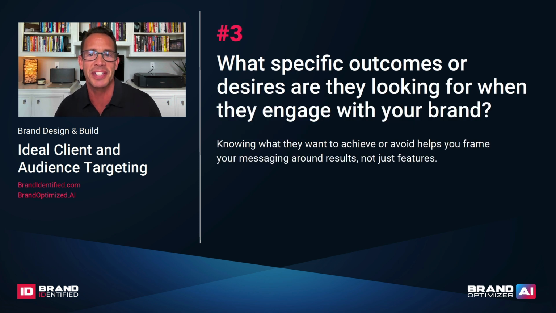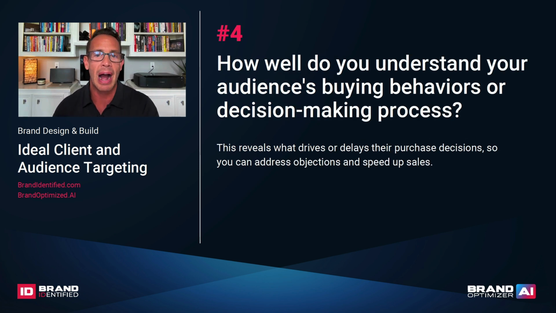Question number 3, what specific outcomes or desires are they looking for when they engage with your brand? Knowing what they want to achieve or avoid helps you frame your messaging around results, not just features. Question number 4, how well do you understand your audience's buying behaviors or decision-making process?